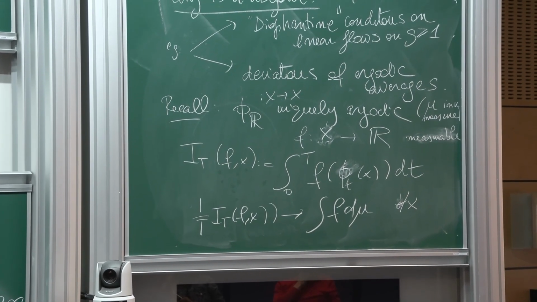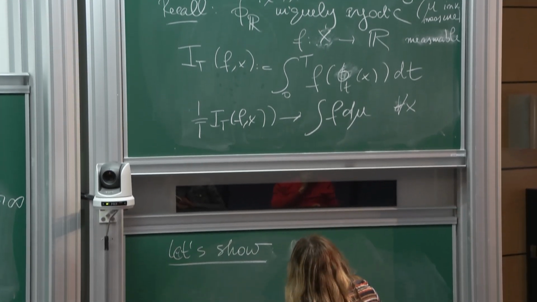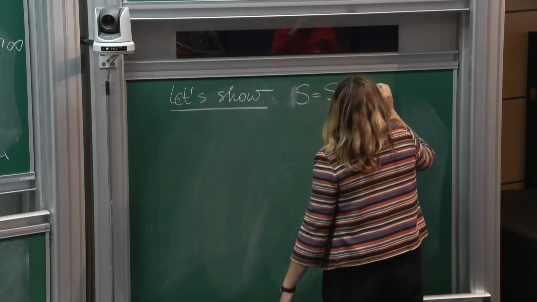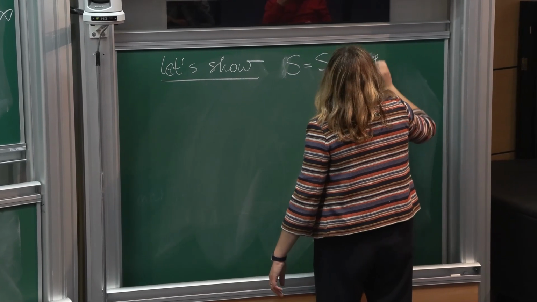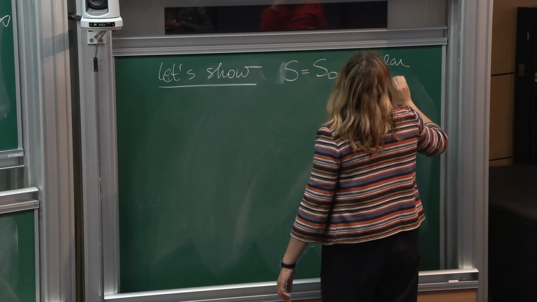So let S be this octagon surface, the regular octagon surface. This is a toy example.